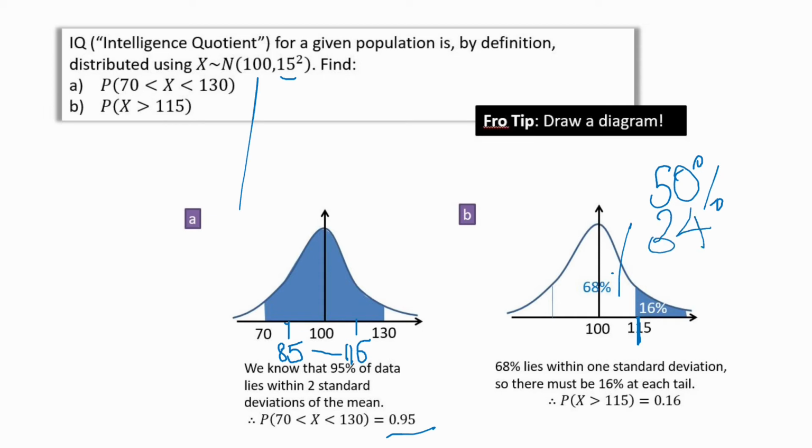So if we take off the 34, we're left with 16%. So 16% of our data is going to be above 115. So the probability of it being greater than 115 is 16% or 0.16.